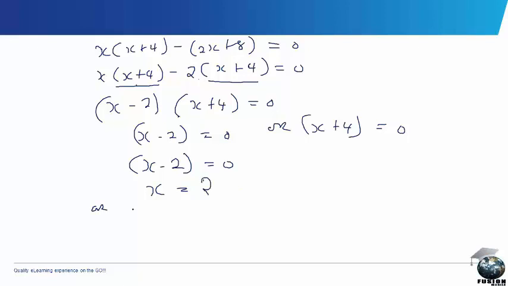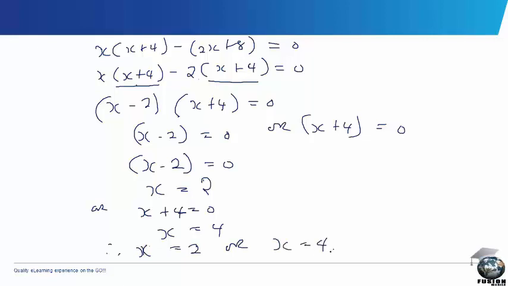Or we can say that x plus 4 is equal to 0, and then 4 crosses the equality sign, so that x is equal to minus 4. So therefore x is either equal to 2 or x is equal to minus 4.